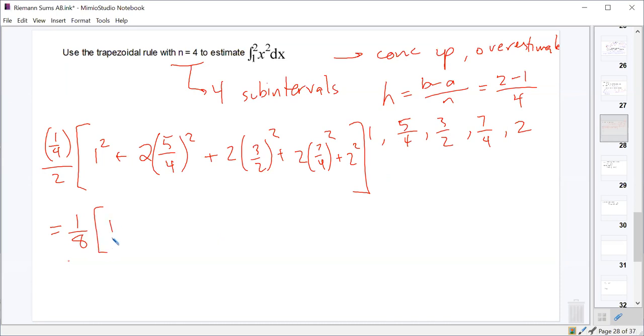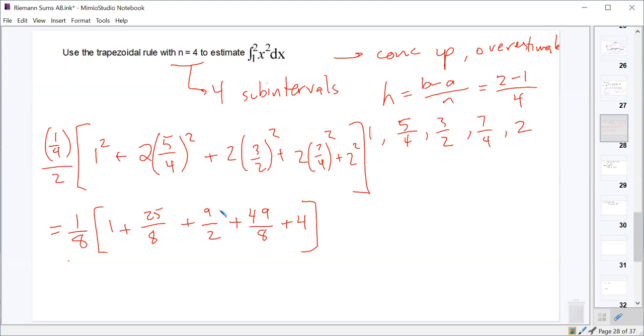1/8 times 1 plus, let's see, this is 25/16 times 2, which is 25/8. This is 9/4 times 2, which is 9/2. This is 49/16 times 2, which is 49/8, and then that's a 4 at the end. Common denominator should be 8. So this one's going to become 36.